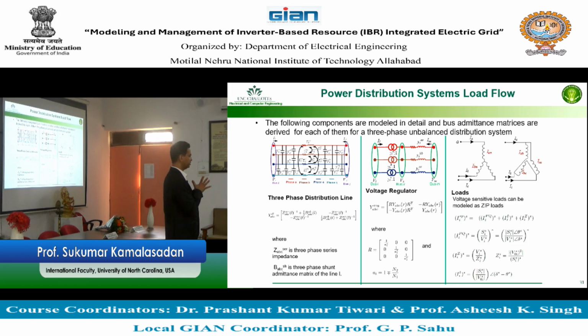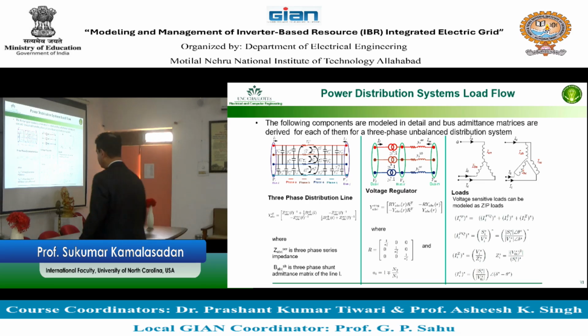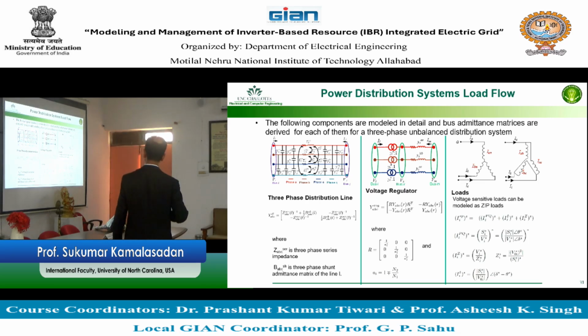Good? Okay. So the next one is voltage regulator. You can represent the voltage regulator in the form of Y, ABC for a regulator, with the R being the inverse of the tap for the regulator. So this is a three-phase regulator, or voltage regulator. Okay. What do you mean by three-phase regulator? Regulator connected on each phase. Can you have a three-phase regulator with one single phase multiplied by 3?